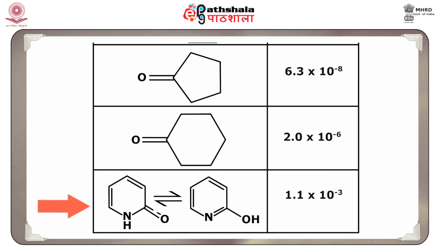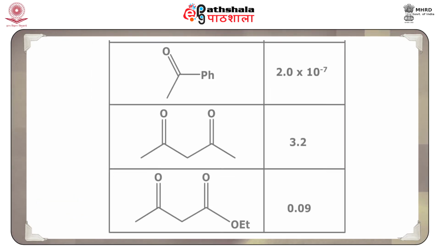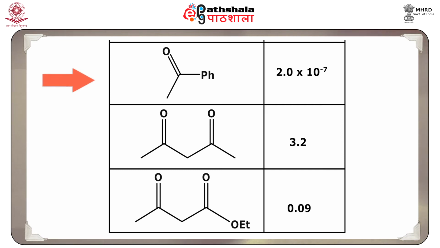Similarly, if you look at acetophenone, the value is 2.0 × 10⁻⁷, but when we have two ketones in a position where, in the enol form, the double bond will be conjugated to another carbonyl, it has again increased to 3.2.